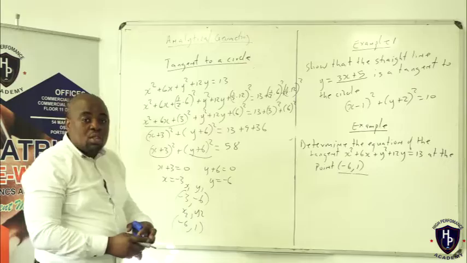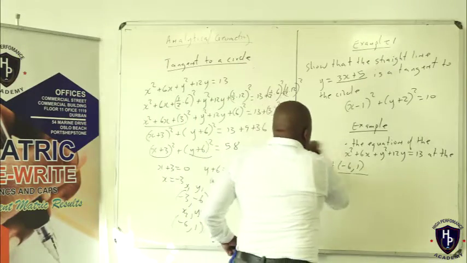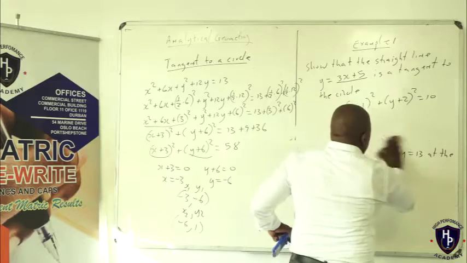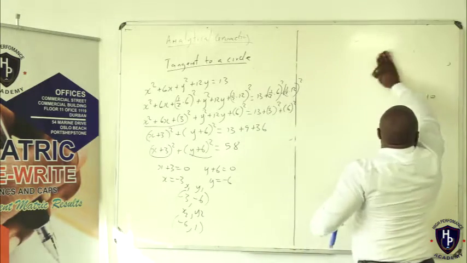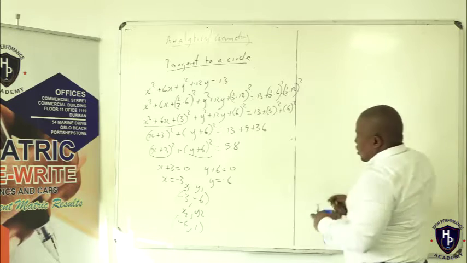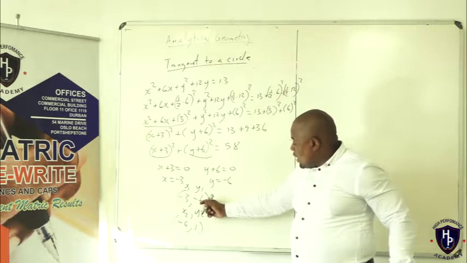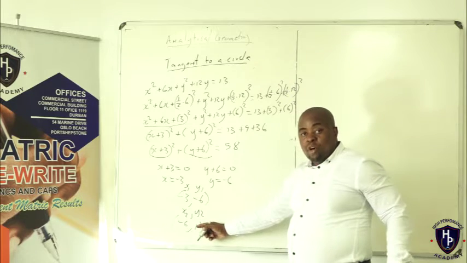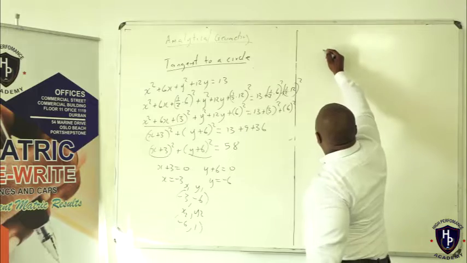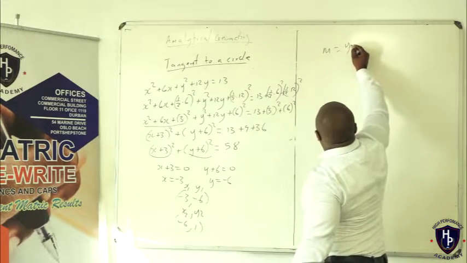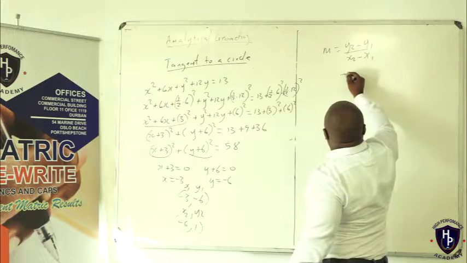Now, let me use the formula to calculate the gradient of the radius. We're going to use the center and the point of intersection of the tangent and the circle. So m equals (y2 minus y1) over (x2 minus x1).